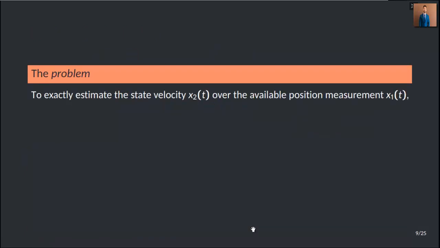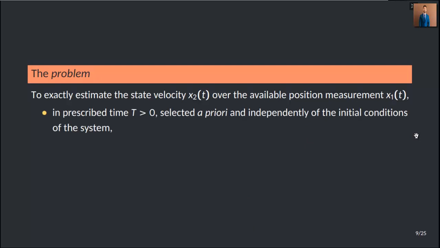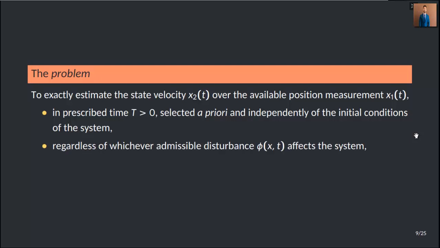The problem per se is to exactly estimate the state velocity x2 over the available position measurement x1 in prescribed time, capital T, greater than 0, selected a priori and independently of the initial conditions of the system, regardless also of whichever admissible disturbance affects the system.